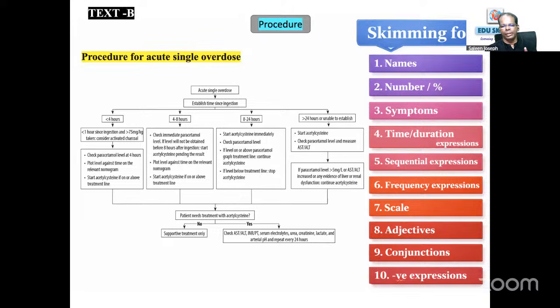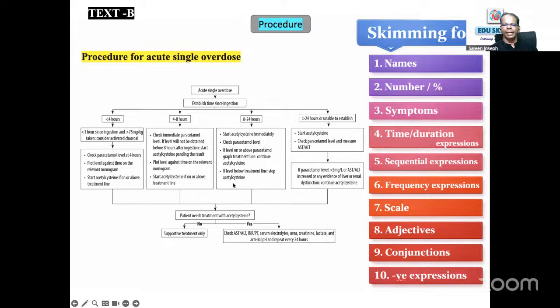Somebody was asking me how to find the answers in a table. These are the headings or subheadings of the table: single dose, time, then hours. Then at the end: below 4 hours, 4 to 8 hours, 8 to 24 hours, 24 hours, or unable to establish, meaning not able to establish what time has passed after the overdose. So they might ask about 8 to 24, they might ask about 10 hours, and it should be here.